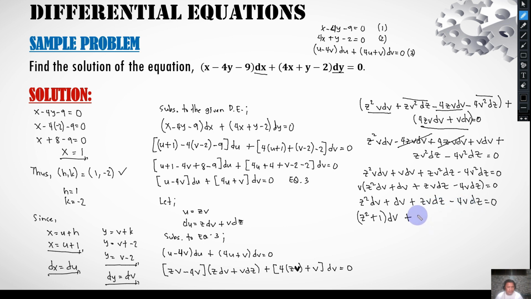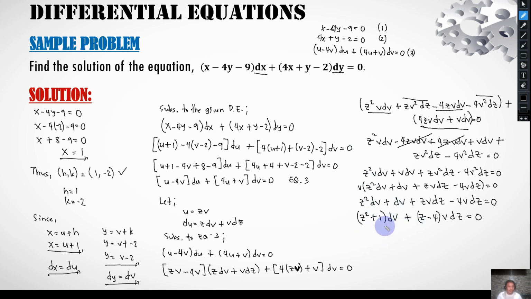So, this would be z, and then we have now v dz minus 4. So, natitira yung 4, saka ito ay magiging v dz. So, ini-extract natin yung v dz sa dalawang term. So, z minus 4, v dz is equal now to 0, okay?